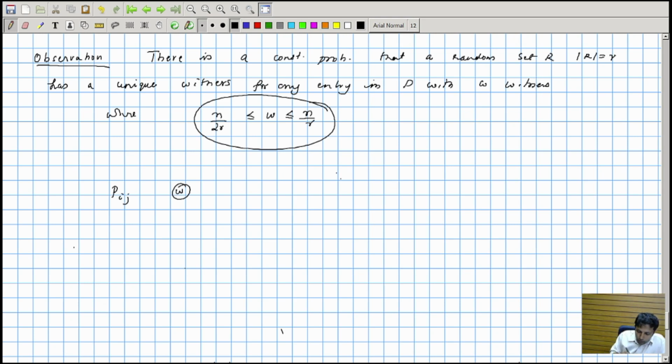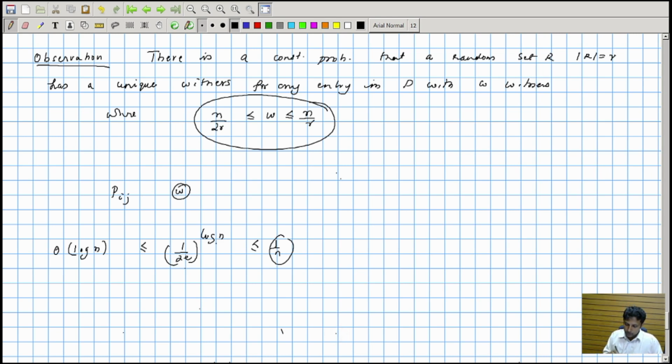Now, if you repeat this for O(log n) steps, then the probability that you don't get a unique witness in some particular random set is less than (1 over 2e) raised to log n, which will be less than 1 by n. So you can repeat the algorithm some number of times.